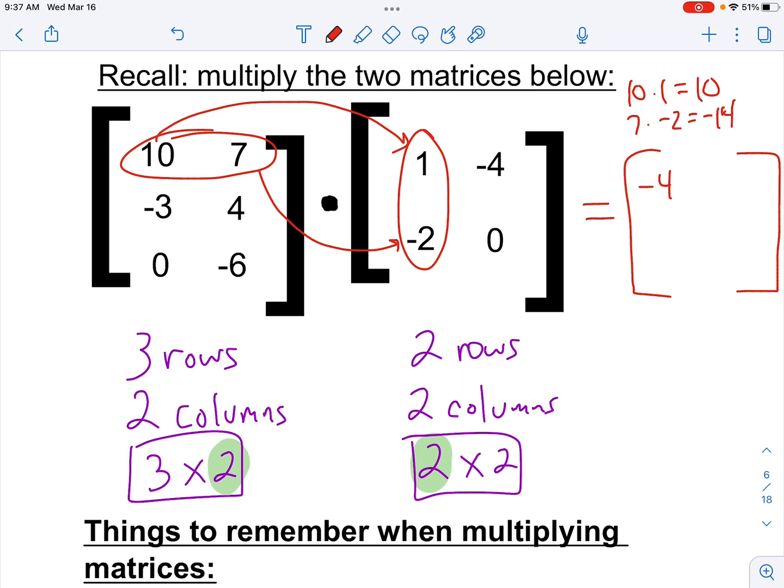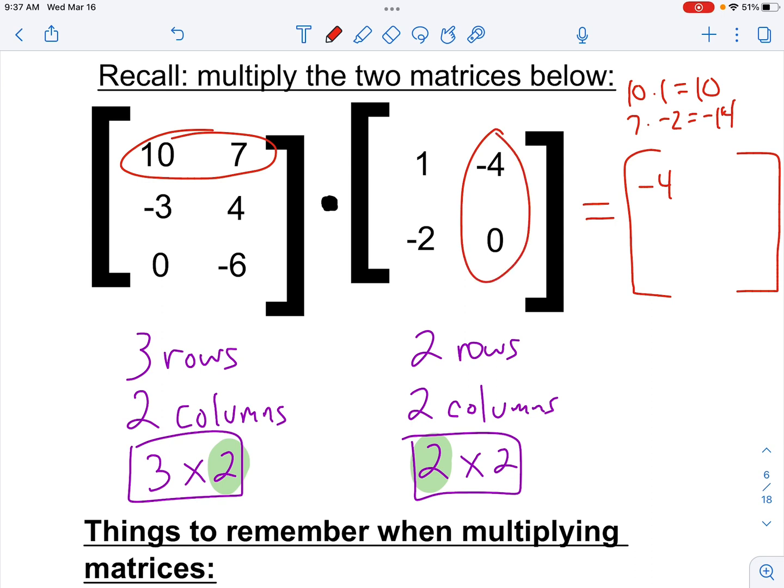So what we did was multiply top row by first column. Now we have to do top row by second column. We do 10 times negative 4 and 7 times 0 and add those together. 10 times negative 4 is negative 40, 7 times 0 is 0.